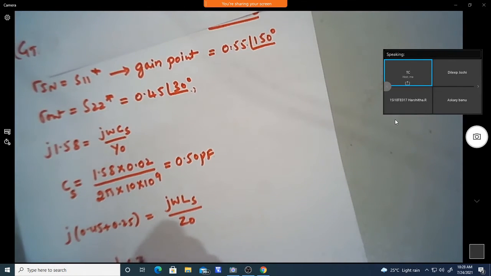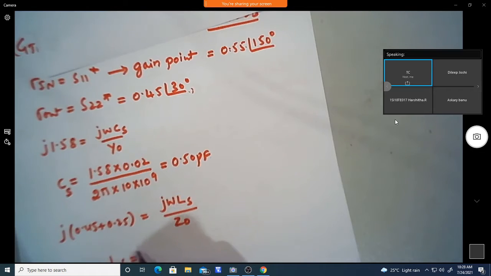So now Ls we are able to find out. So that is 0.45 plus 0.25, how much? 0.7. So we are going to get 0.7 into 50, this Z0, divided by omega, which is 2 pi into 10 into 10 power 9.